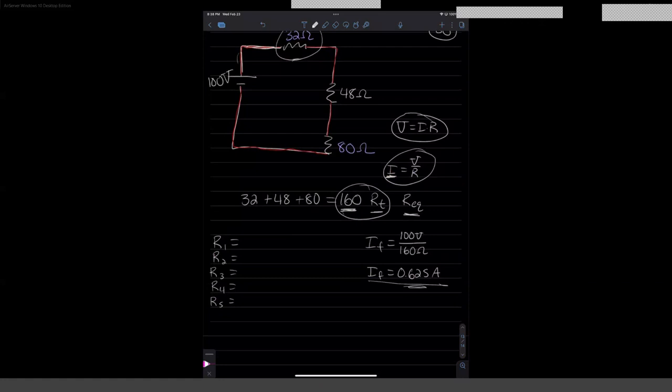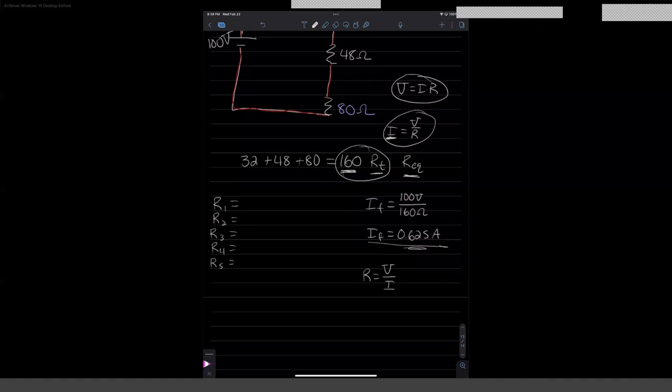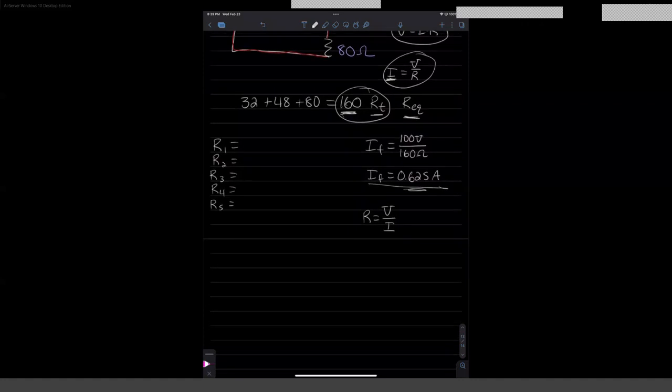So resistance is going to equal, let me think, V over I, right? Because if you're trying to solve, yeah. So let's plug in our, voltage equals I times R. That's what we're using.